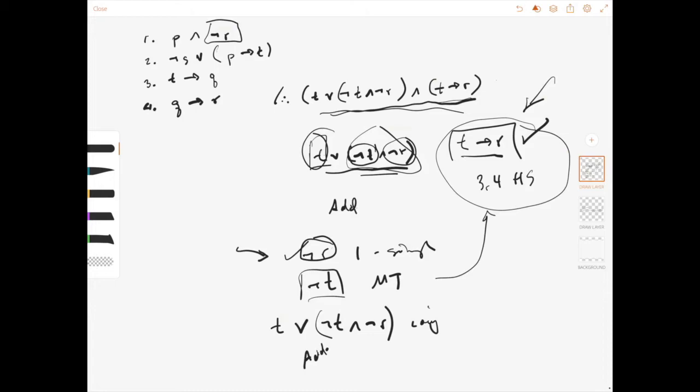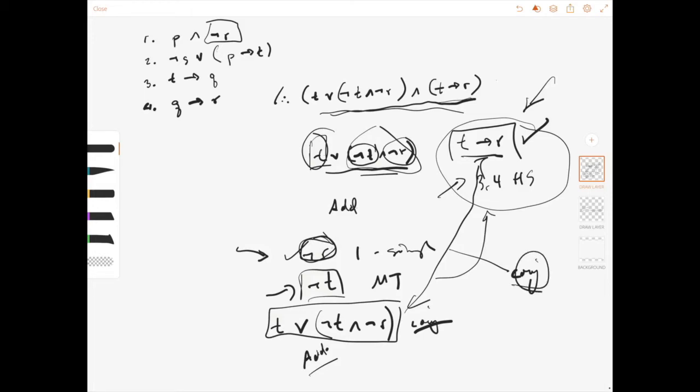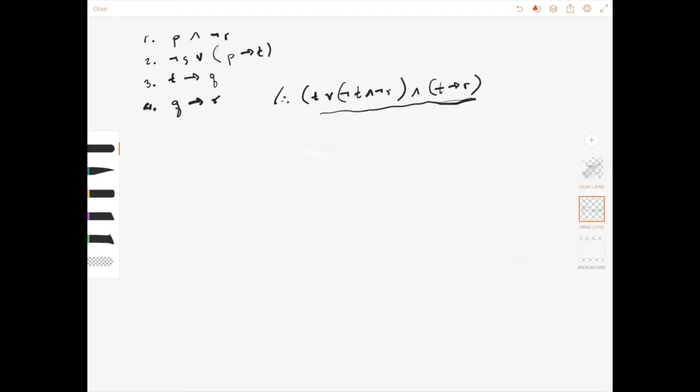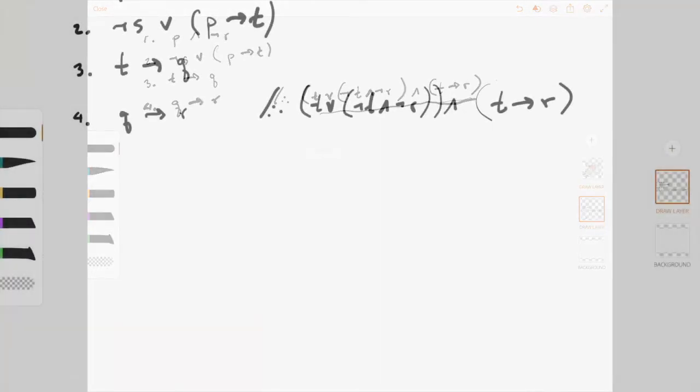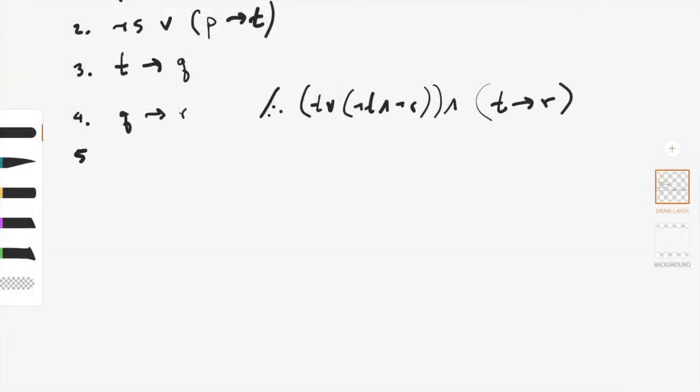Then we'll derive not R, and we'll use this to derive not T. We'll join those together with conjunction, and then we'll add with disjunction, and then we'll have this piece and this piece, and we'll join those together by conjunction, and that'll be the very last step of our proof. So let me get rid of all of this and go back to our proof, and let's put this proof together.